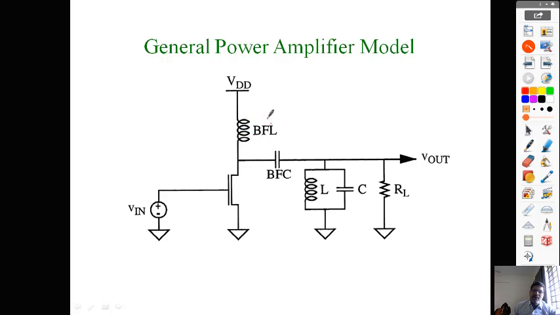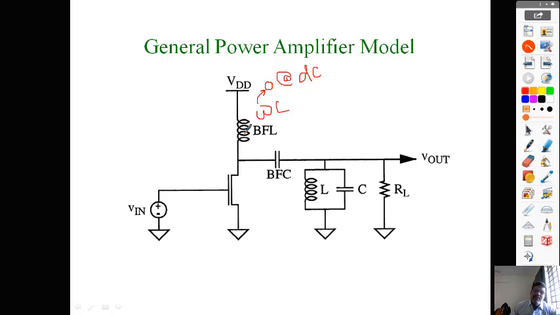This RF inductor only allows the DC current from VDD, because since it is a coil, the corresponding inductive reactance will be omega L. At DC, the omega will be 0, therefore omega L becomes 0.